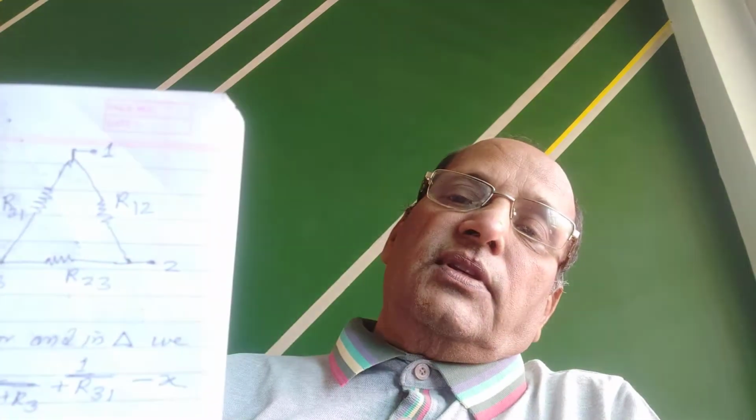But sometimes in a circuit, apart from series and parallel combinations, the connections are given in such a way that neither the series formula nor the parallel formula is applicable. So for that type of circuit solution, we have to use star delta transformation. So this is the star delta transformation.